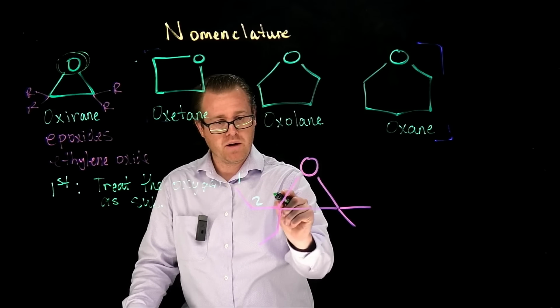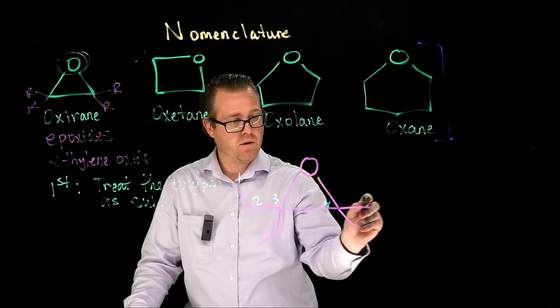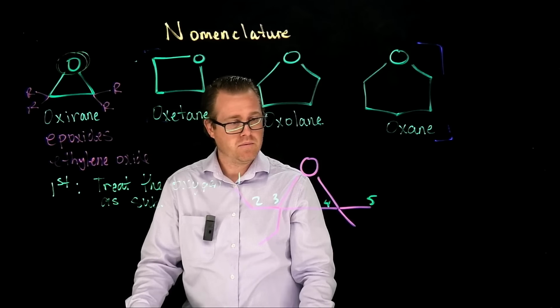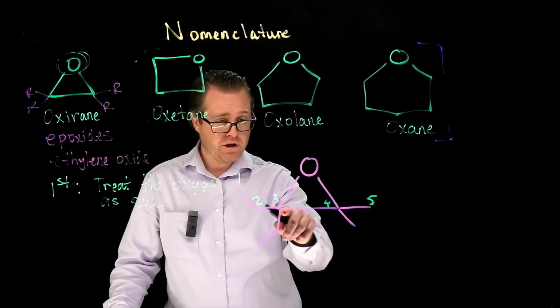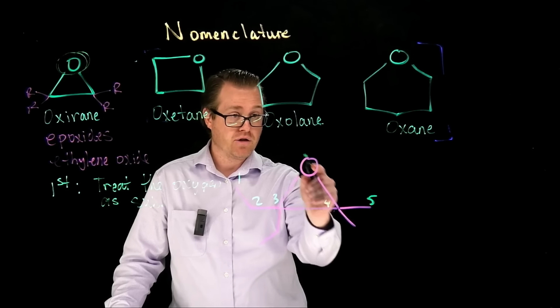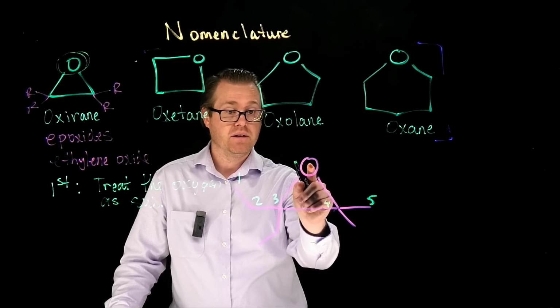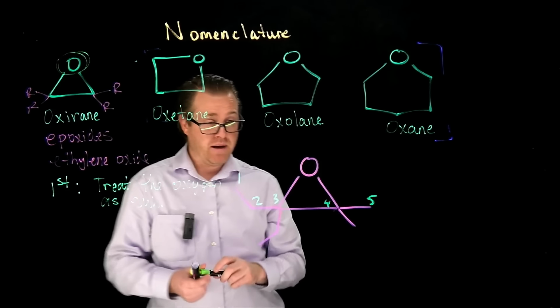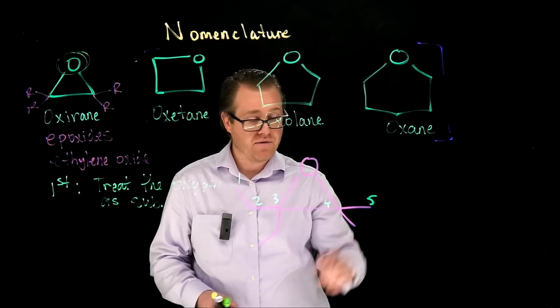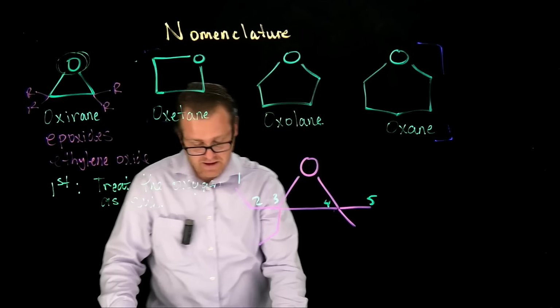If we number it this way, 1, 2, 3, 4, 5, we want to include the 2 carbons that are directly attached to the oxygen and find the longest carbon chain that way. I've numbered it that way, and there's 5 carbons, right?